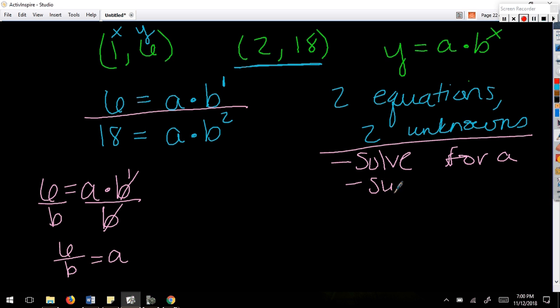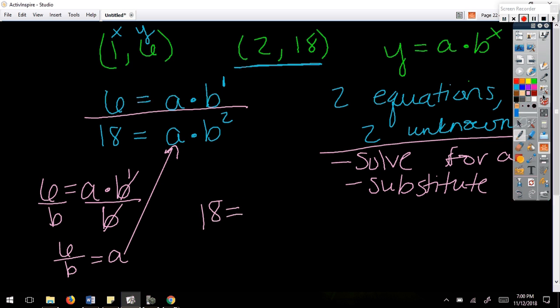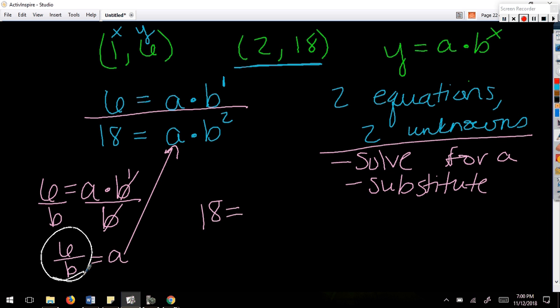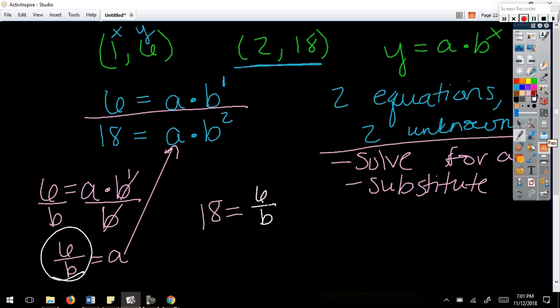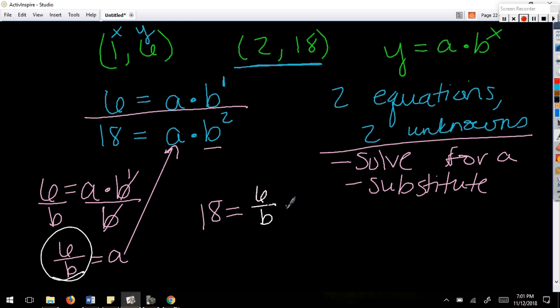Now I'm going to substitute that value in for the a in the second equation, okay? So follow closely. I have 18 equals, and instead of a, I'm going to replace it with 6 over b, because that's what a equals, times b squared.